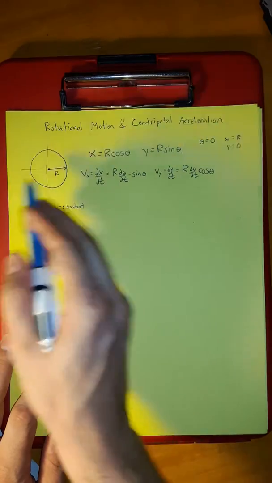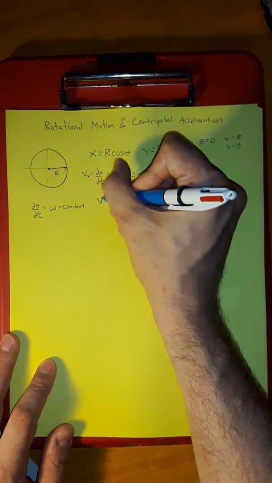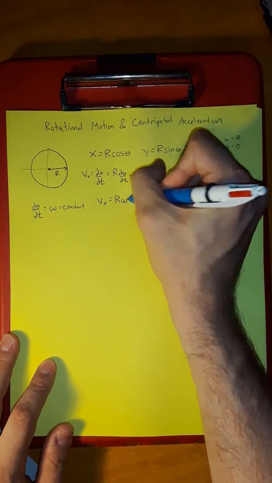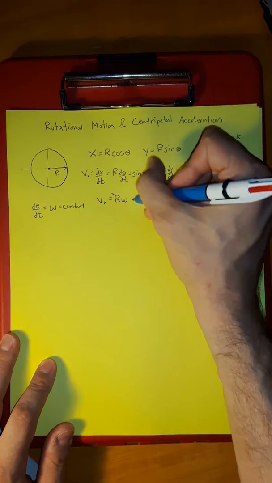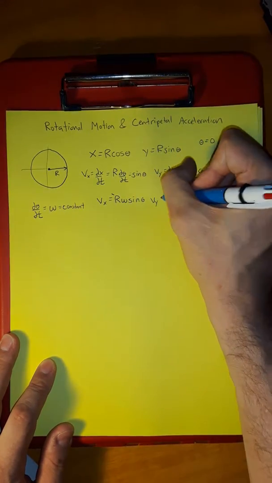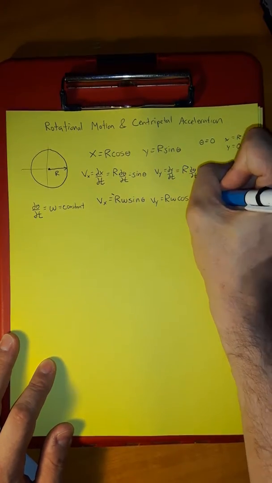It's not suddenly accelerating, going faster. So I'm just going to rewrite my Vx. It's going to be negative r omega sine theta, and my Vy, r omega cos theta.